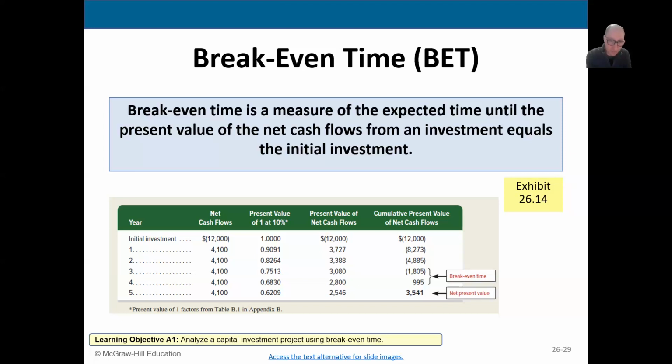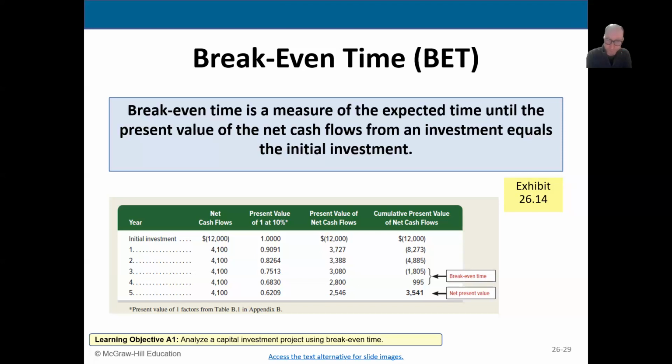I list out the 5 years. The cash flows are even, 1,100. 10%, 5 years. I find that my present value at the end of the 5th year is $3,541. That's higher than 0. I'm looking for 0.